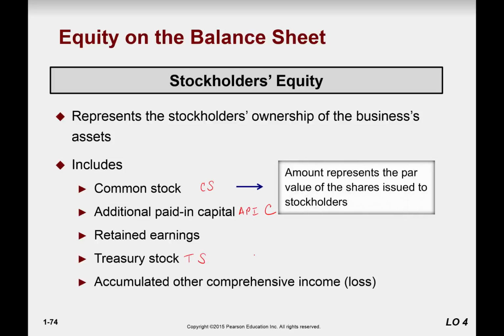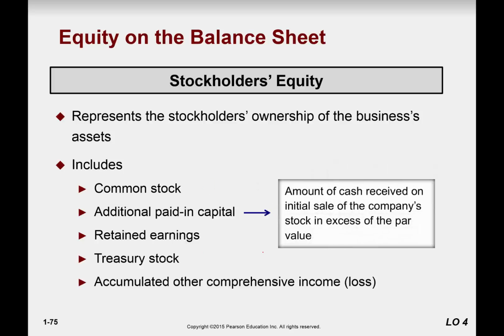So our common stock is just shares that are purchased by shareholders. It might also be preferred stock. Then additional paid-in capital is any excess of par that we have. So remember, I used the example, if there's $1 par but you paid $100, then your additional paid-in capital will be $99.